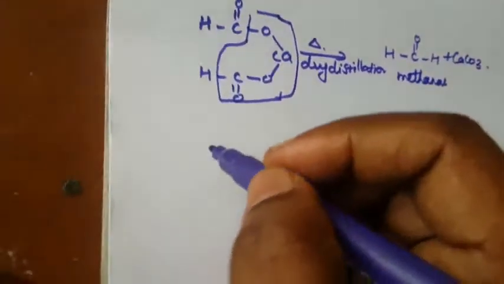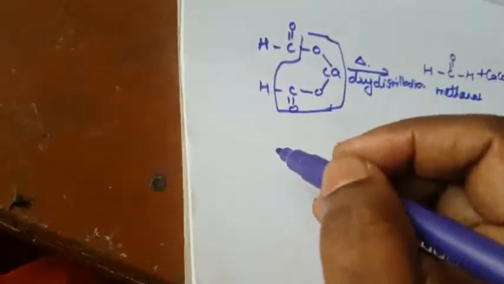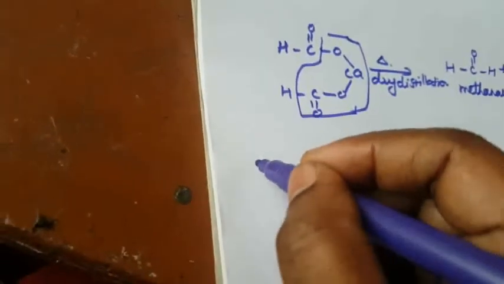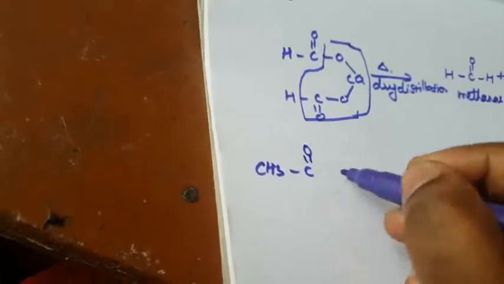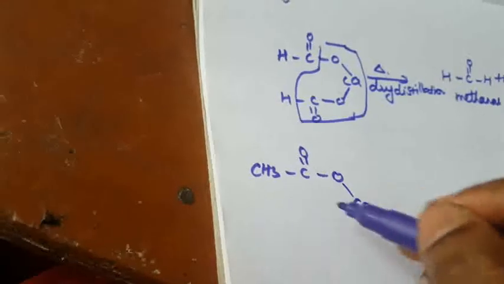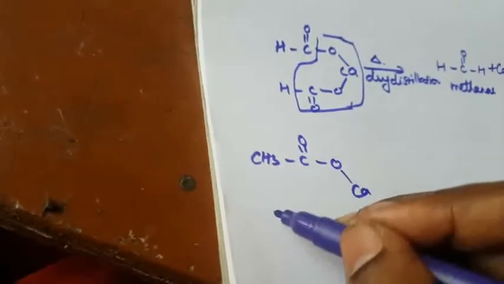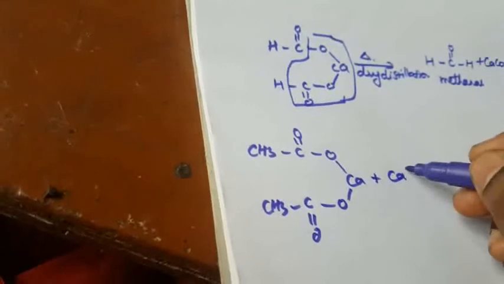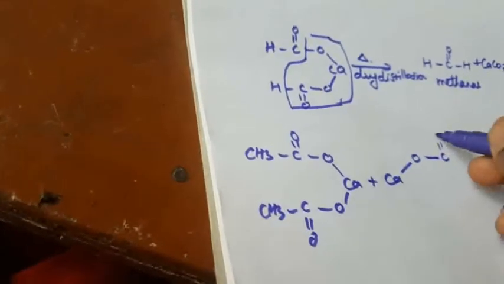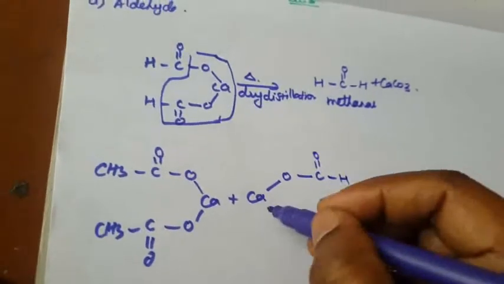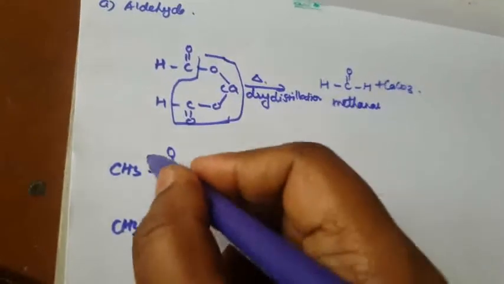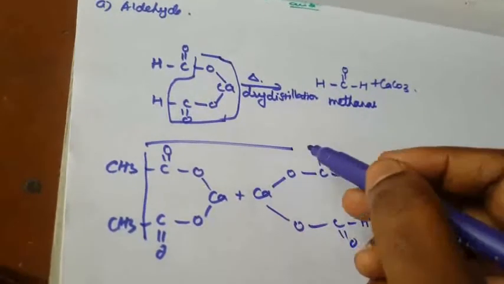Next one is the same type of compound, calcium ethanoate. Calcium ethanoate by distillation forms ethanal. So here CH3 C double bond O-O-Ca, calcium ethanoate. Here two carbons are there, plus calcium methanoate, that is H-C double bond O-O-Ca.